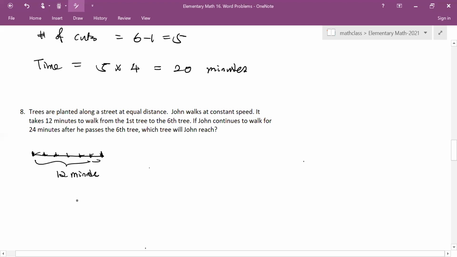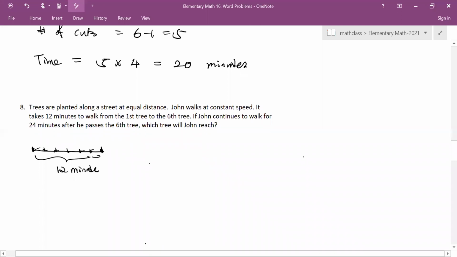Right, 12 minutes for how many sections? 5 sections. Actually, here 6 trees, but there are only 5 sections, 5 gaps. Now, he continues to walk for 24. 24 is just double the 12.